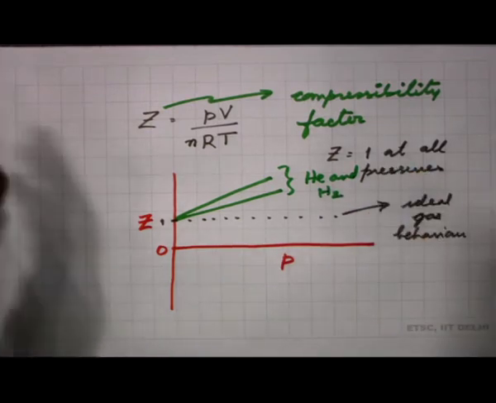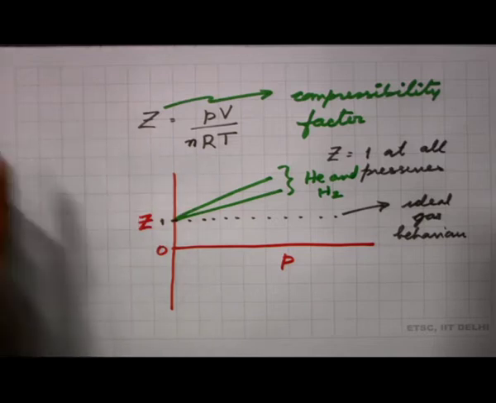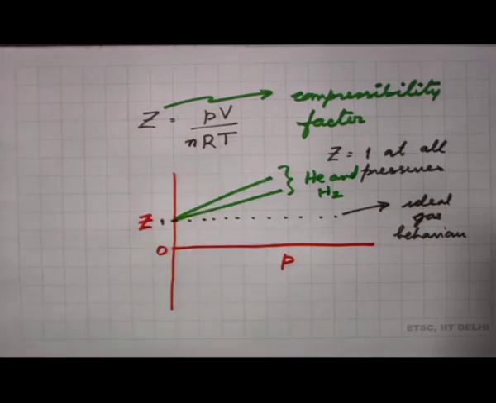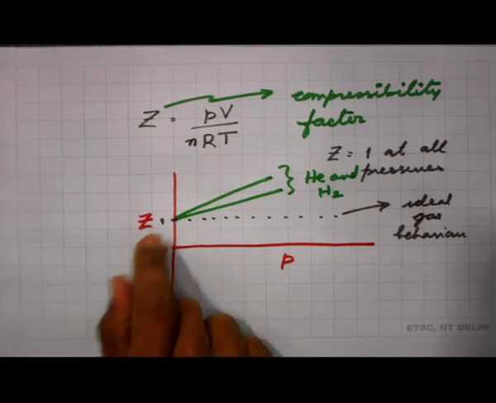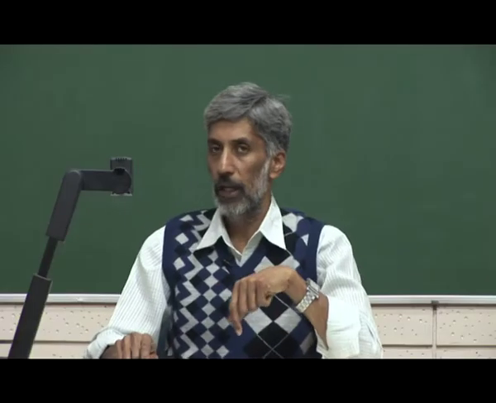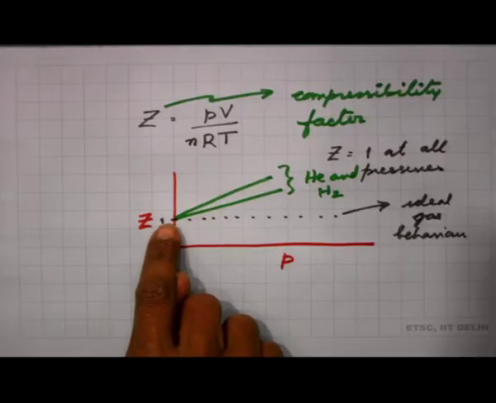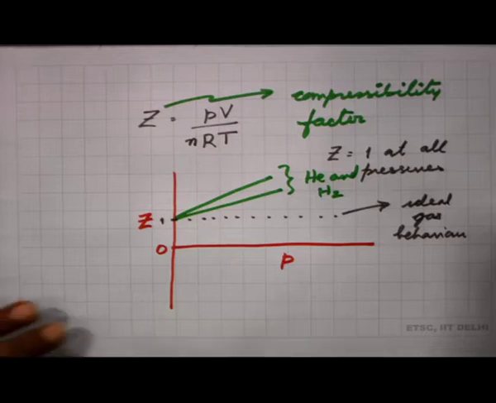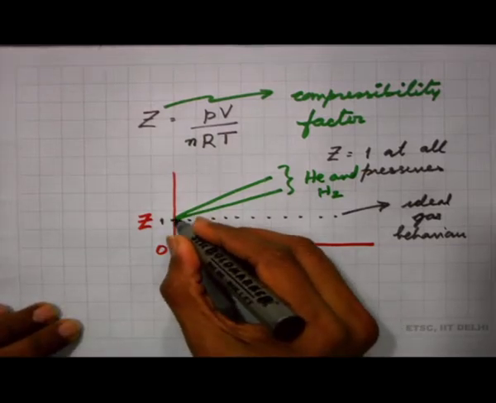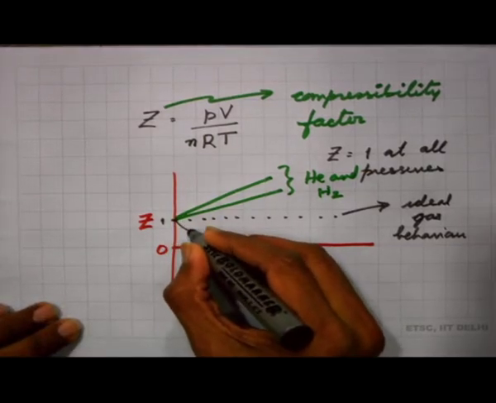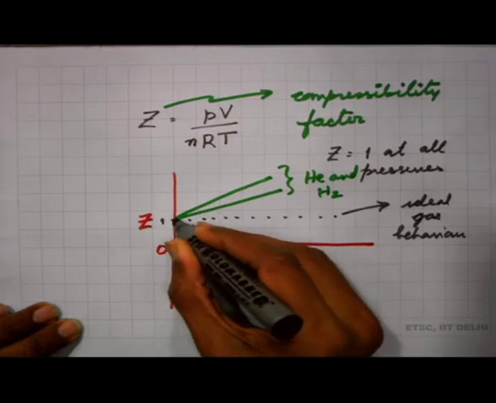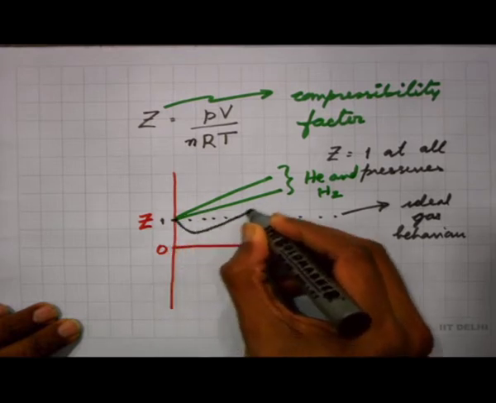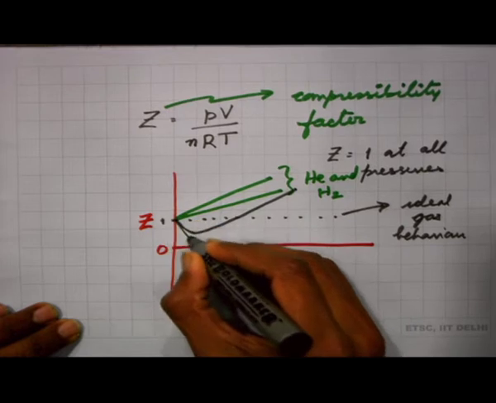So, if you are doing this at room temperature, for example, this is the behavior that is demonstrated by helium and hydrogen, which means that Z is always higher than the value that you would compute with the ideal gas equation of state. The other kind of behavior that you see is that it starts off going negative, or less than 1, slope is negative, and then it starts to rise.